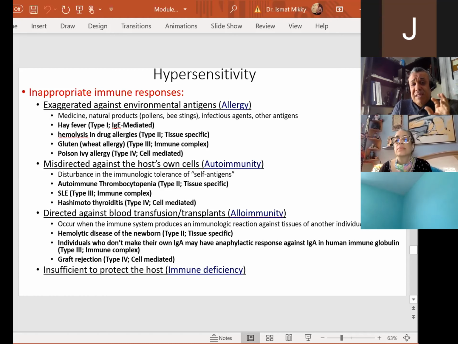As an example of how heparin could result in a thrombocytopenia, it's called HIT, heparin-induced thrombocytopenia. When the patient develops this type of autoimmune disease, their own immune system is going to target the platelet cells and destroy them.